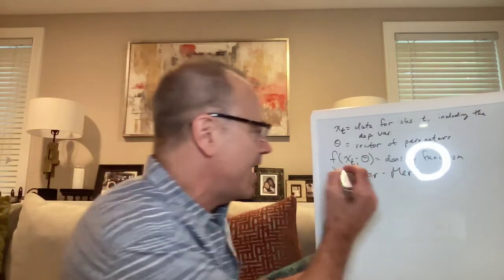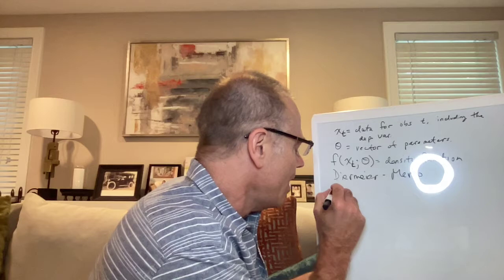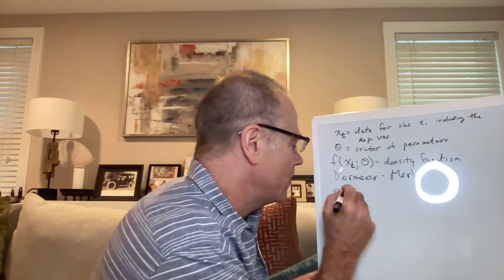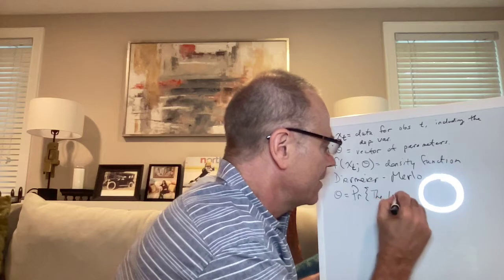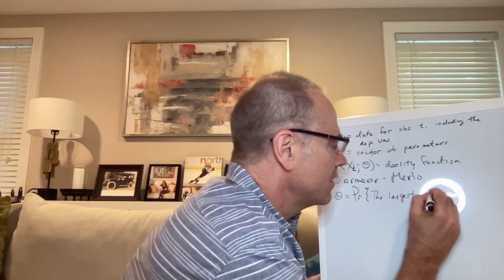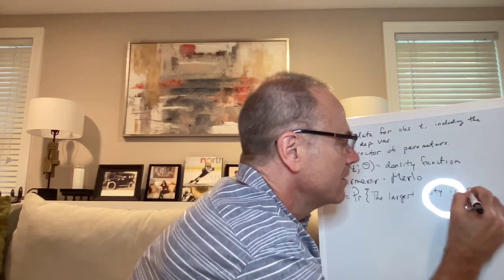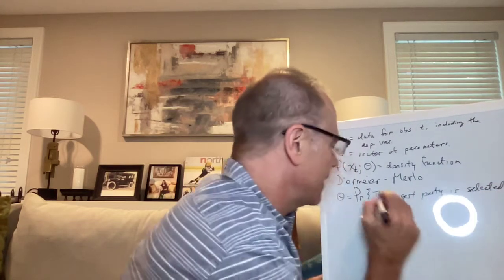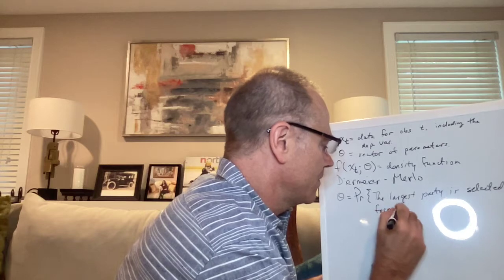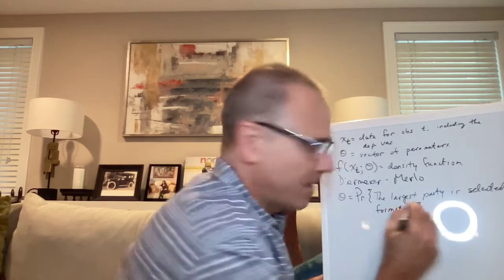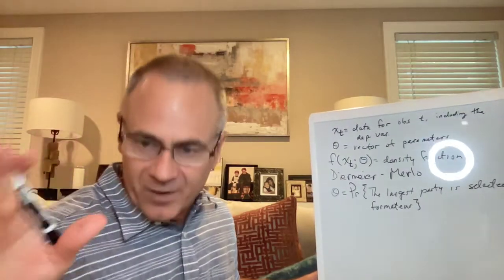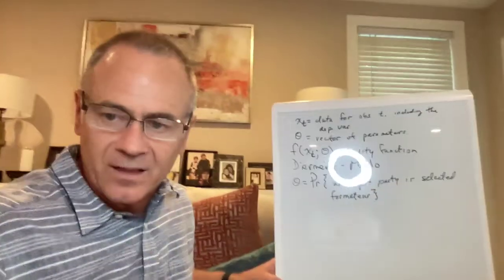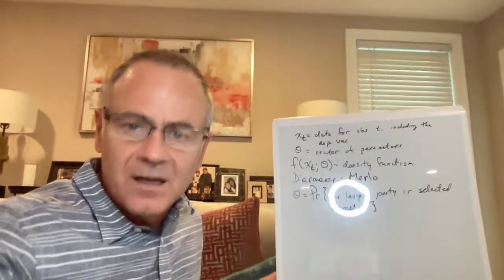For this case, we're going to define theta equals the probability the largest party is selected formateur. Okay, so that's our parameter. It's going to be a probability that the largest party is selected.